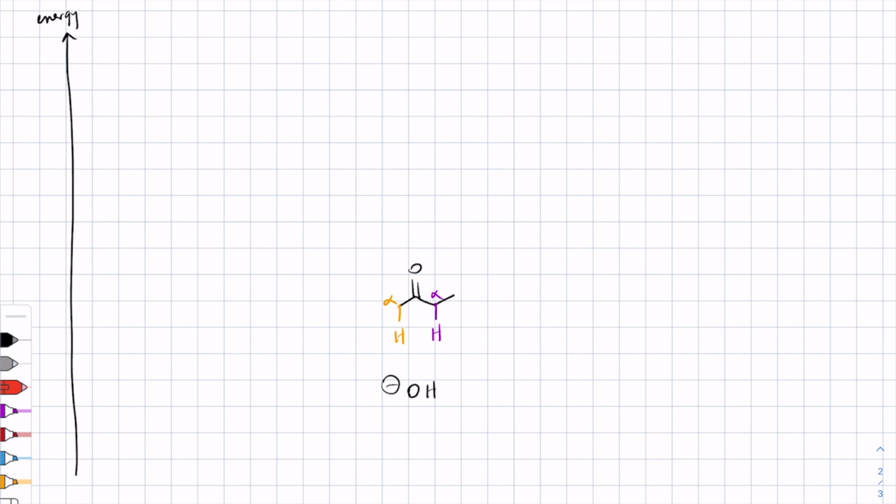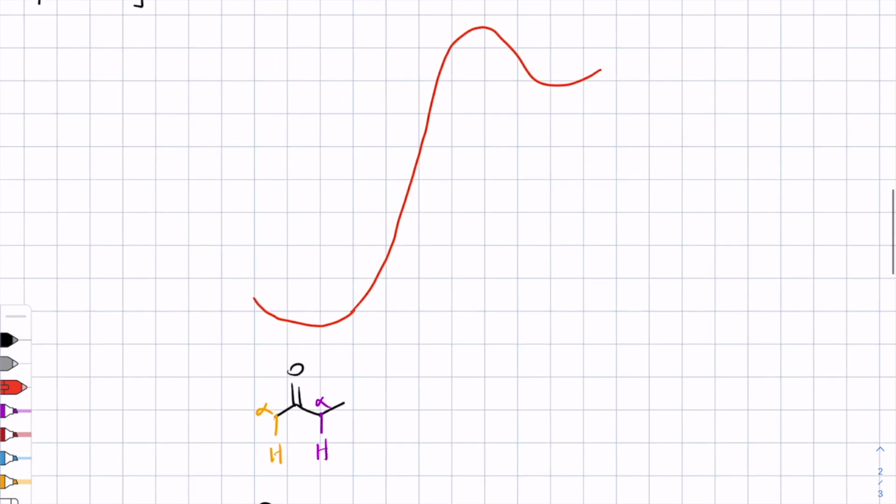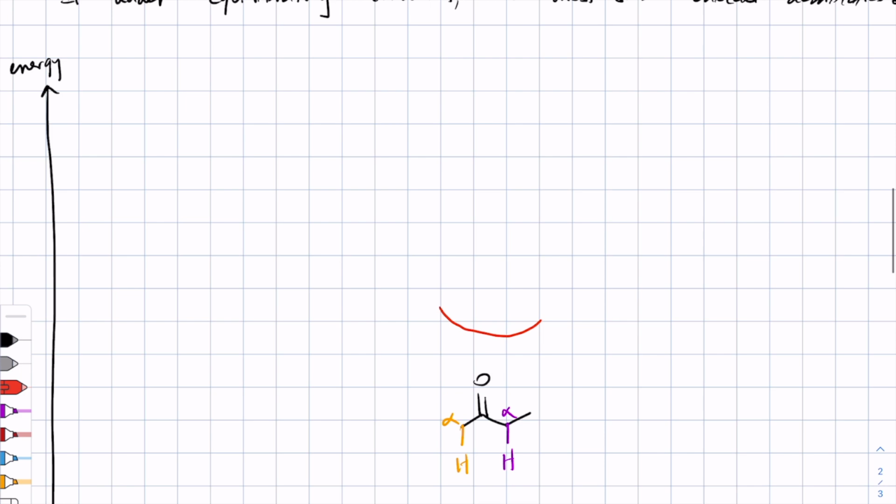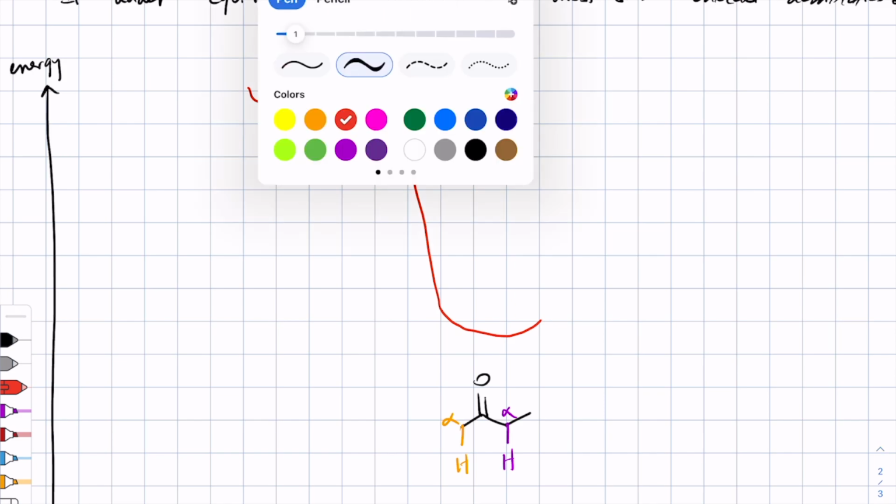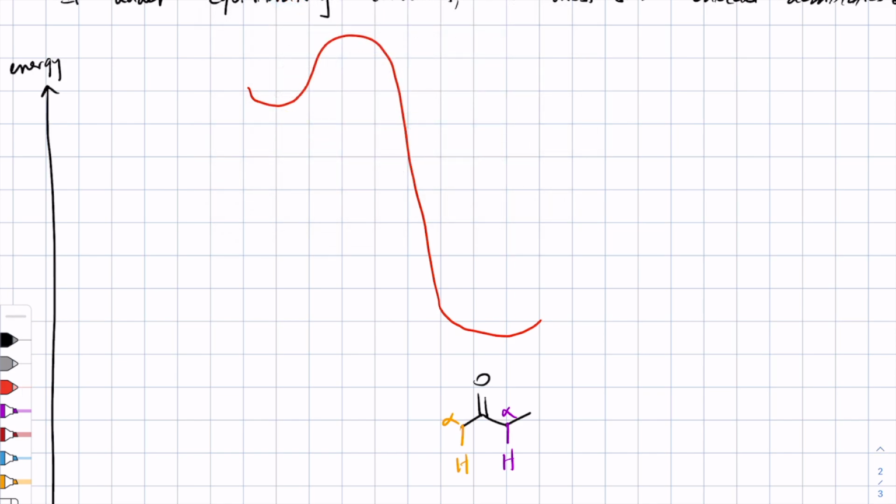And our starting material is in some energy well. And if we go to the left, let's say we remove the less substituted alpha proton and we make the orange enolate.